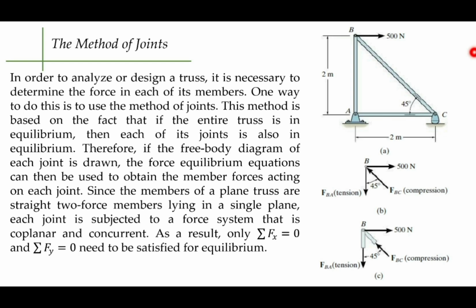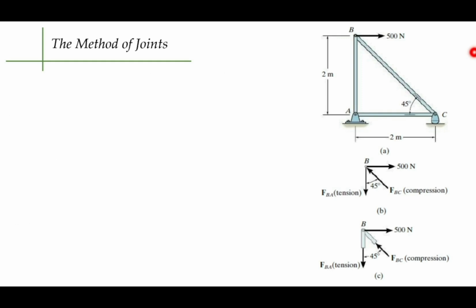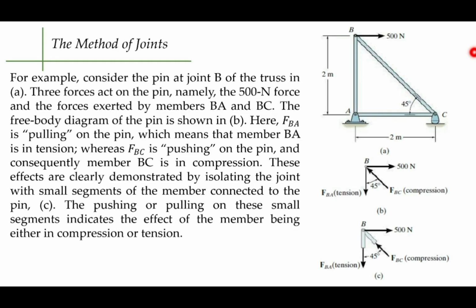So this is an example here, A, B, and C. Now, for example, for the pin at B here, we have three forces acting on that, namely the 500 Newton force which is going to the right, and the forces exerted by members BA and BC.